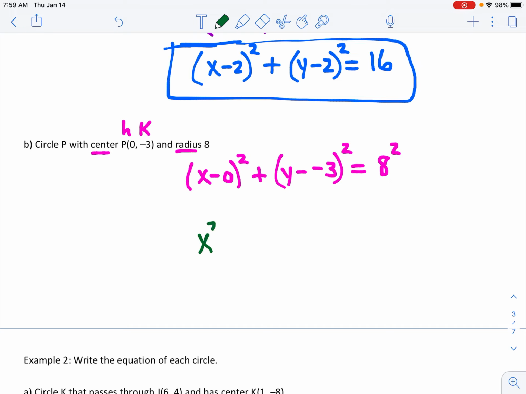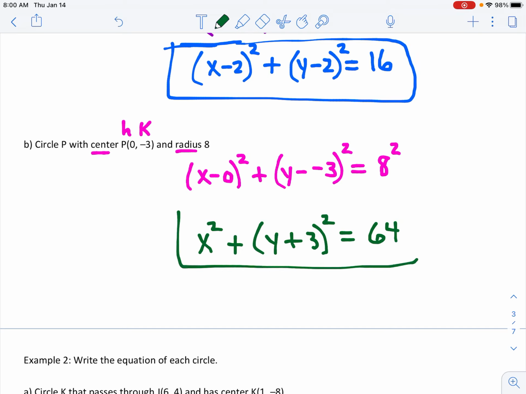So we're left with x squared plus, I have y minus a minus 3, so I'm going to rewrite that as a positive 3 squared equals 8 squared is 64. We can change that to a number. This right here is the equation of our circle.